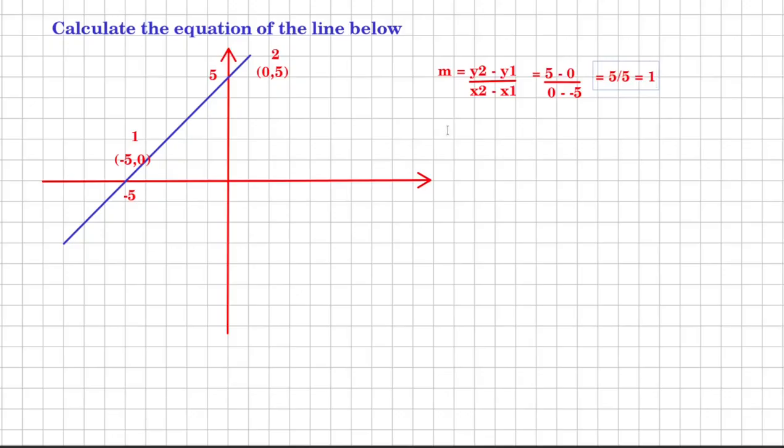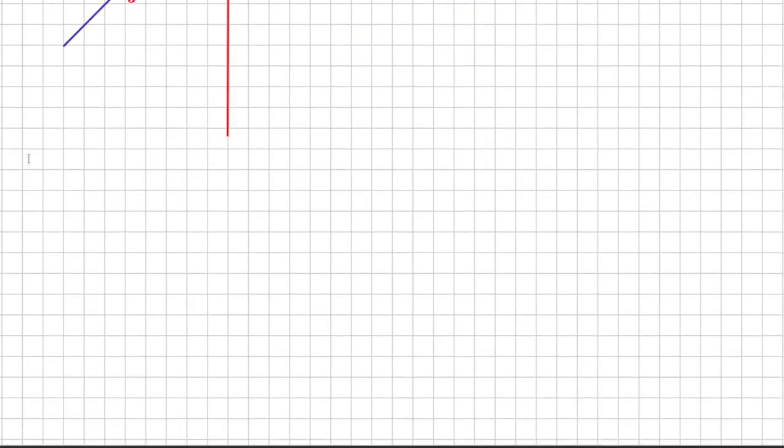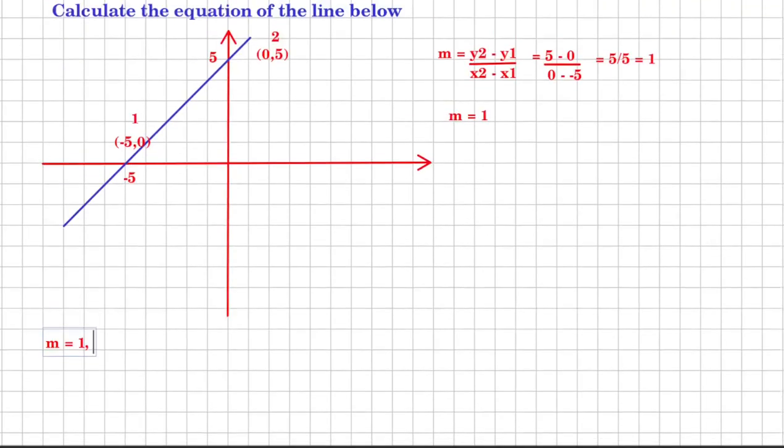That simply tells us that the gradient of the line we are dealing with is 1, and the point can be any one. As we have learned two methods for calculating, we will use one for one point and the other for the other point. So we have a gradient of 1 and a point negative 5, 0, and we also have the gradient 1 and the point in this case is 0, 5.